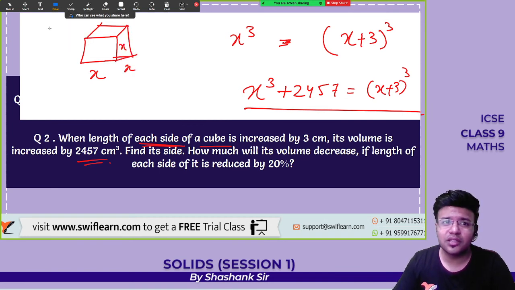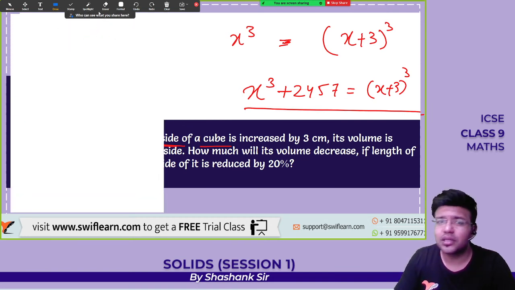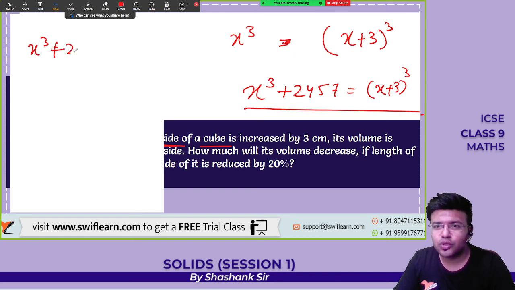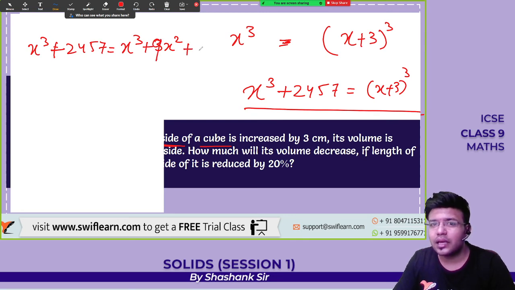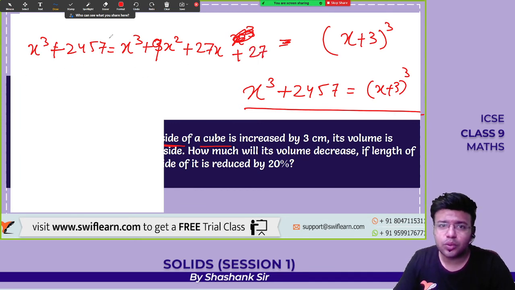I don't know whether these difficult questions are there for you, but this is how it is done, and let us solve them. So x cube plus 2457 is equal to a plus b whole cube, a cube plus 3a square b plus 3ab square plus b cube, which is x cube plus 9x square plus 27x plus 27. This is equal to this.